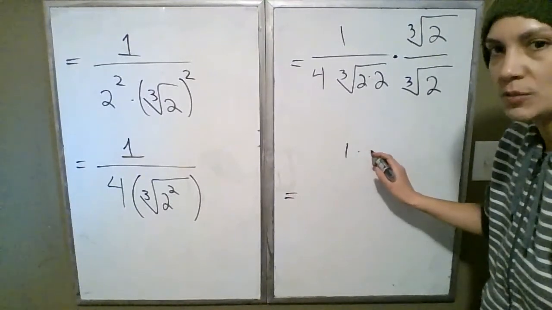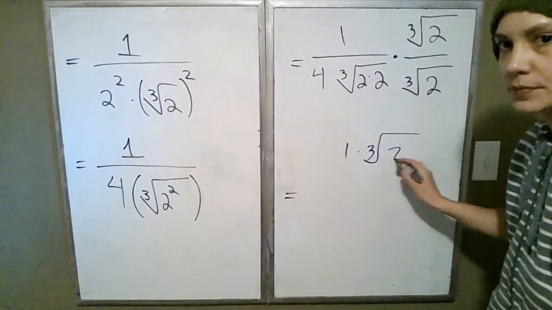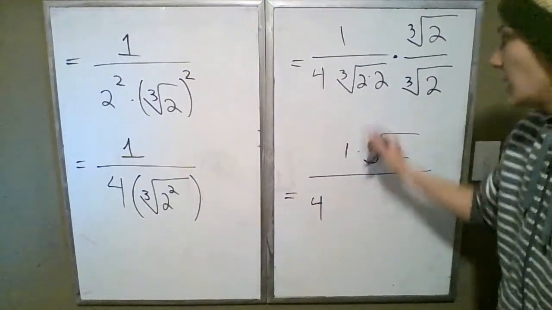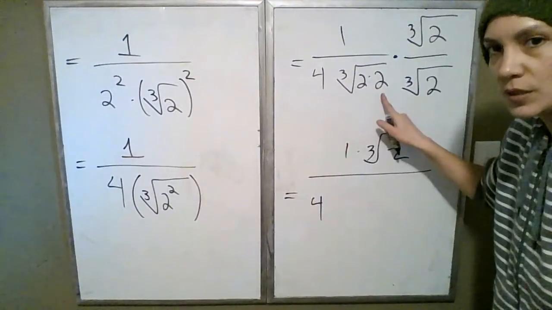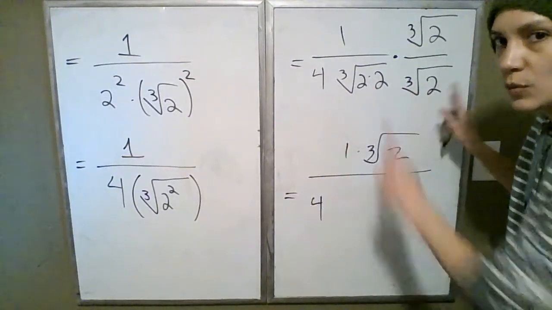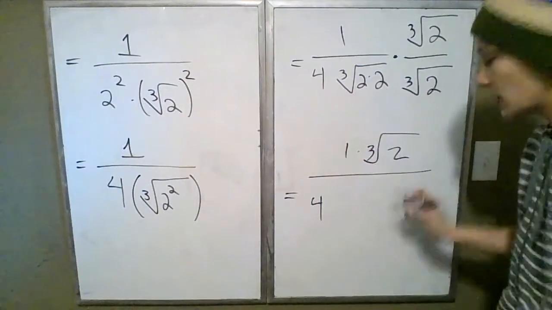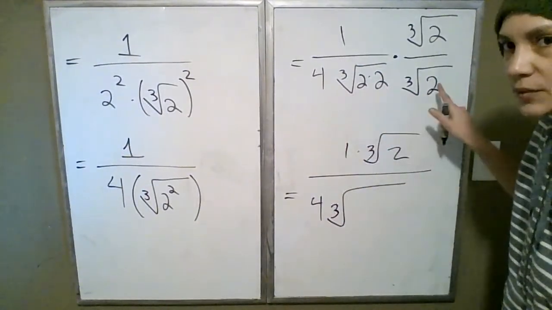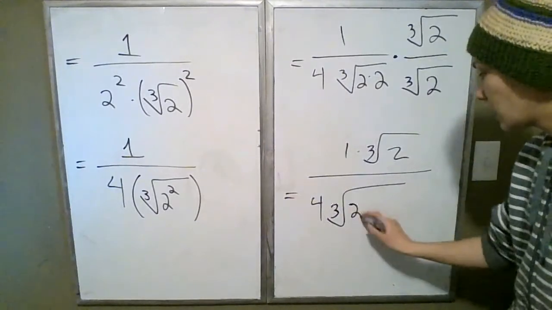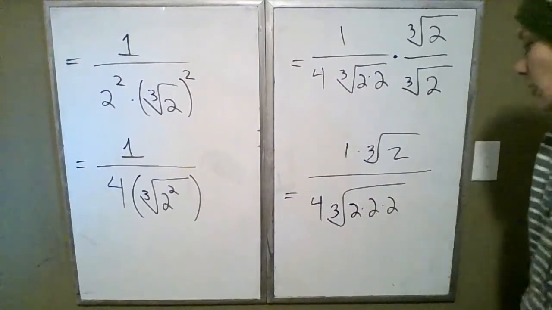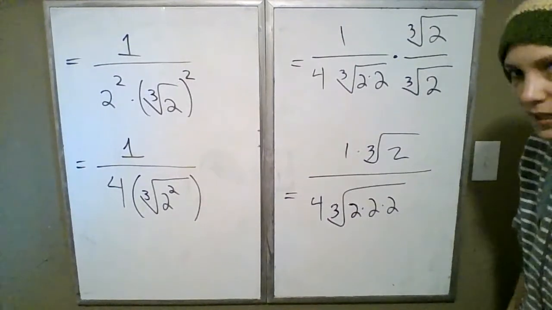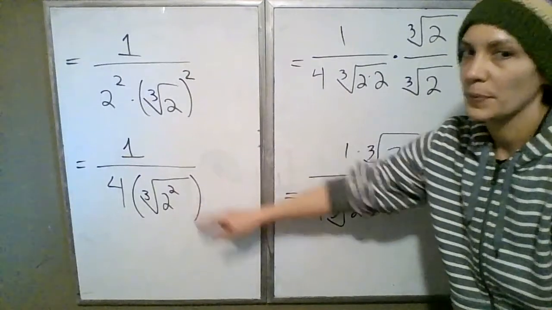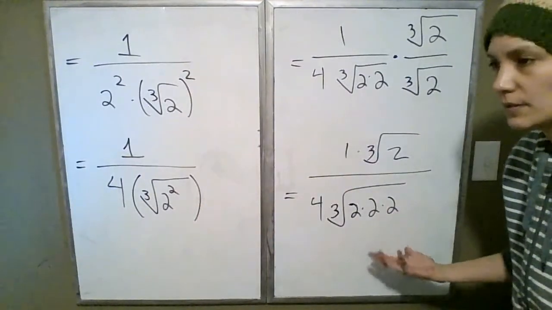So once I do this trick, which we're only doing together this one time, we have 1 times the cubed root of 2 over 4, and this cubed root of 2 times 2 multiplied with this cubed root of 2 will come together as 1 cubed root. And take that 2 times that 2, multiply it with that 2. Oof. And I'm doing all of this because you're not supposed to have any radicals in the denominator, and we're trying to simplify this expression.